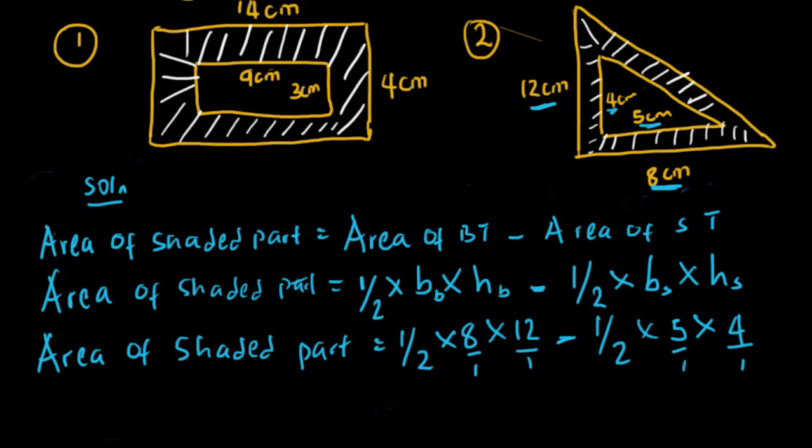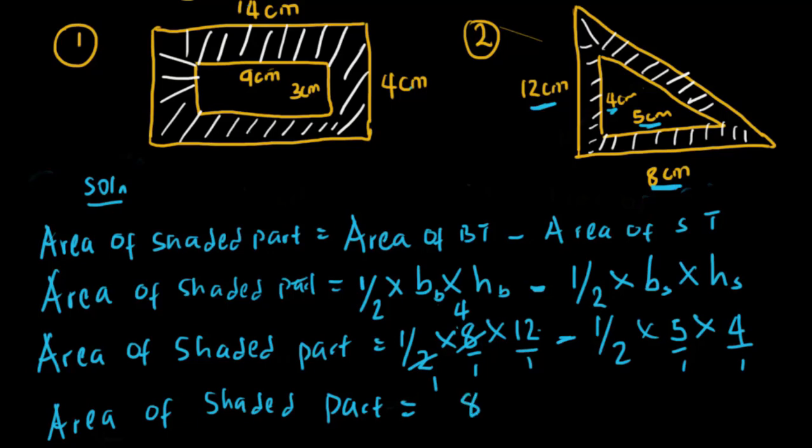Do you understand this? So we can cut 2 here, 1, 2 in 8 is 4. So we're having area of shaded part equals to 4 times 12, which should give us 4 times 2 is 8, 4 times 1 is 4, so we have 48, minus 2 here 1, 2 here 2, 5 times 2 is 10.